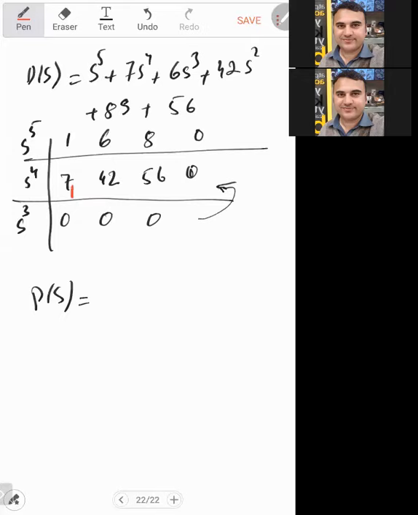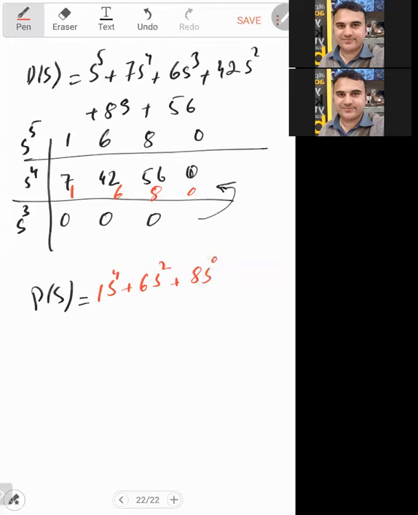So divide every term by 7, so this will become equal to 1, this will become equal to 6, this will become equal to 8, and this will become equal to 0. So this row will become equal to s^4 plus 6s^2 plus 8 plus 0. So we stop over here.